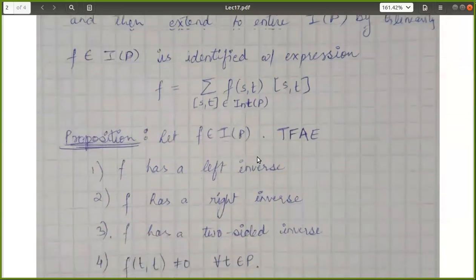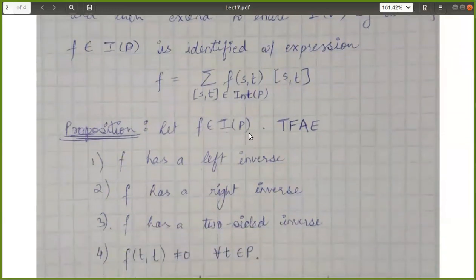Okay, so if f belongs to IP, then as a function f, all these four properties are equivalent to each other, and f has a left inverse if and only if f has a right inverse, which is equivalent to saying that f has a two-sided inverse.